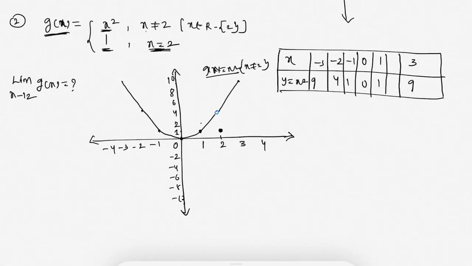So now this is the given graph of g of x for every x belonging to R. Now we have to find out, as x is tending to 2, what g of x is tending to.